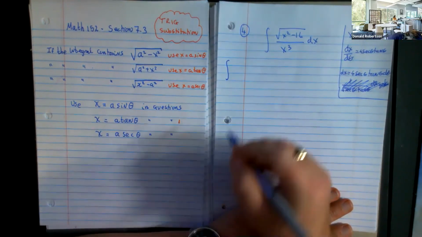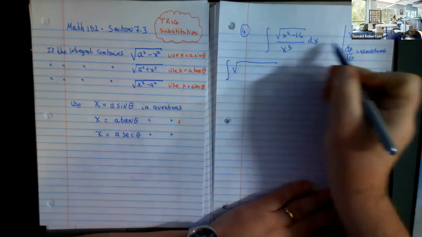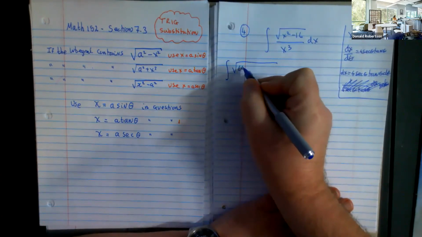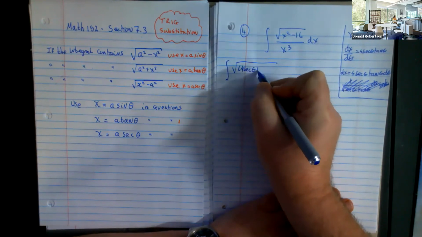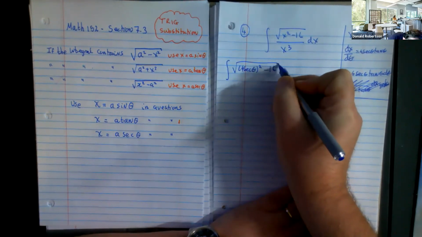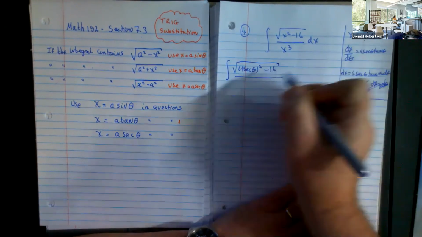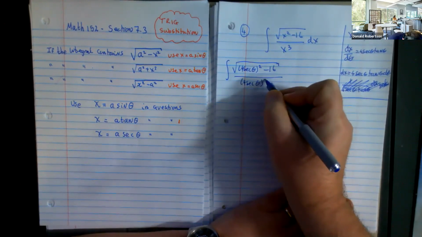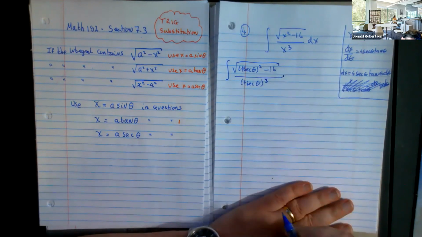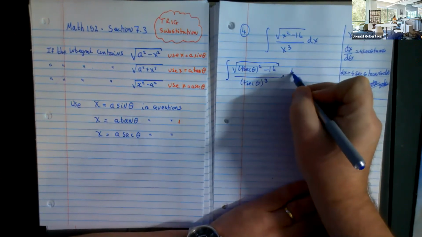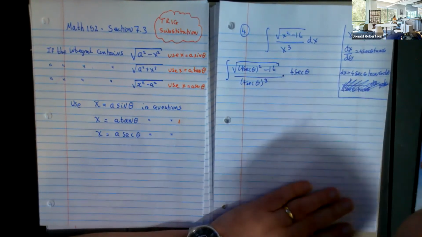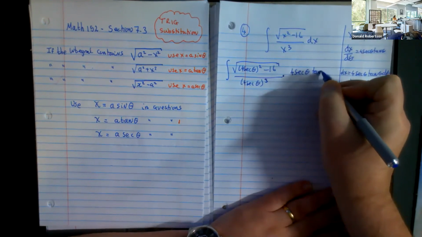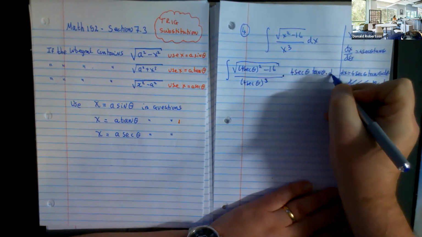We get a square root of this guy squared. So that's 4 secant theta squared, take away 16, over 4 secant theta cubed. And the dx is 4 secant theta tan theta d theta.